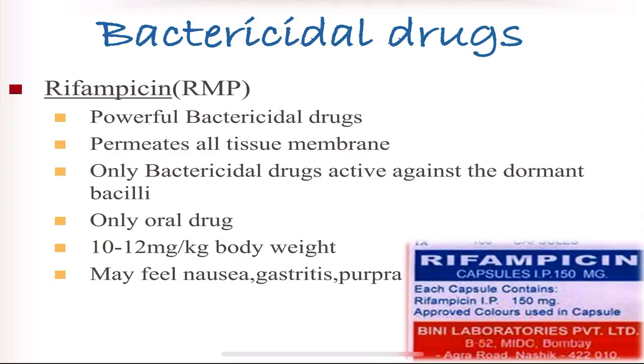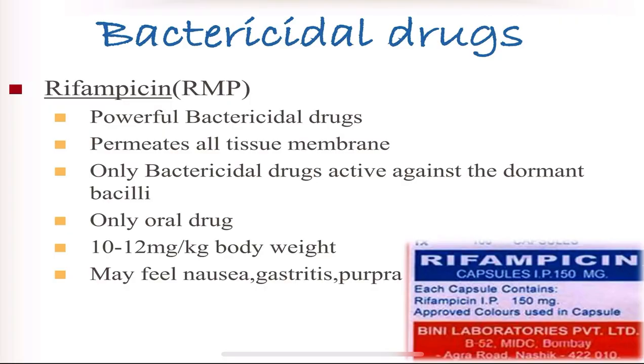It is the only bactericidal drug which is active against the persisters or the dormant bacilli found in the caseous lesions. Is it clear? It is the only bactericidal drug active against dormant bacilli or persisters which are still present in the solid caseous lesions. All other drugs are inactive. Only rifampicin has the capacity to act against the dormant bacilli.